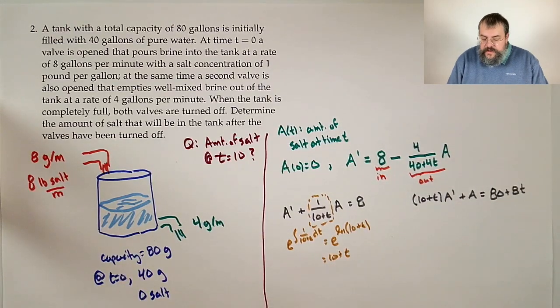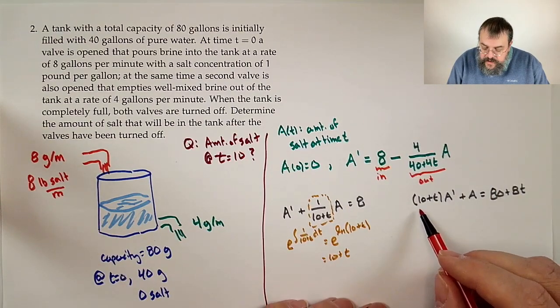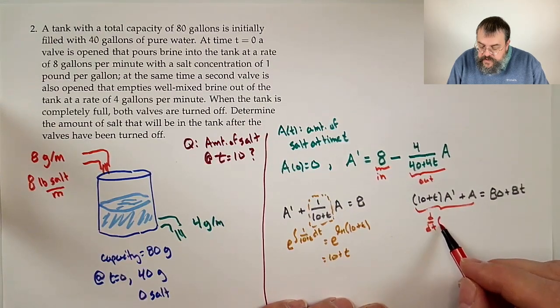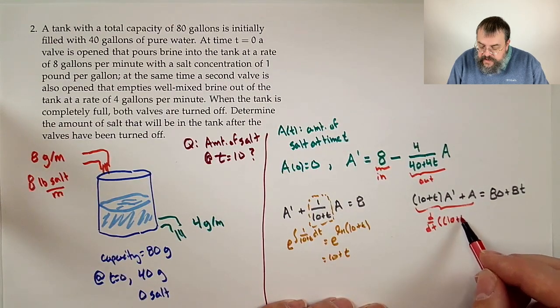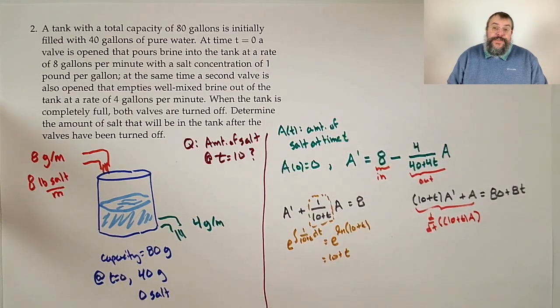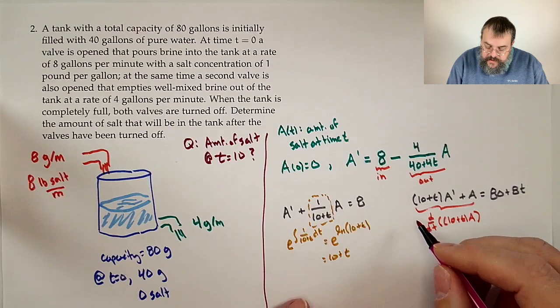And on the left-hand side, this is nice. By design, this is the derivative of the integrating factor times our function. So now we can integrate both sides very quickly. It's a very straightforward integral, no surprises.